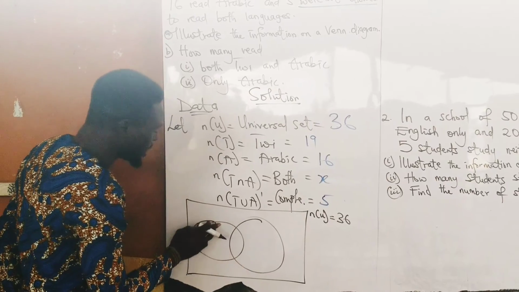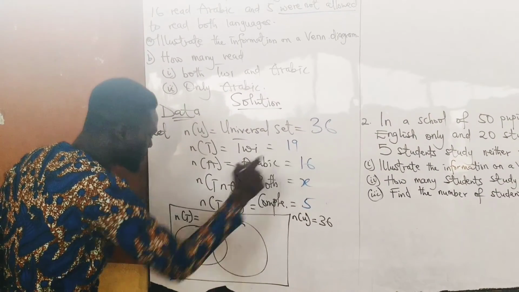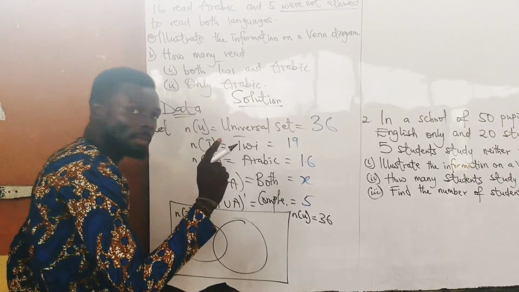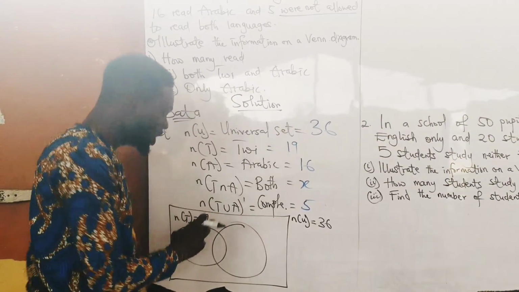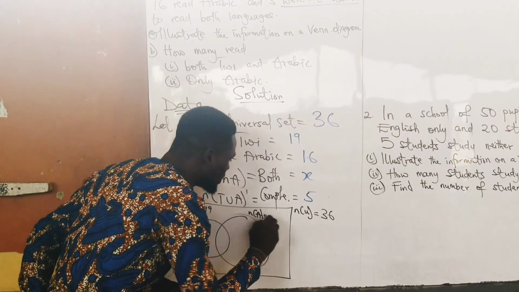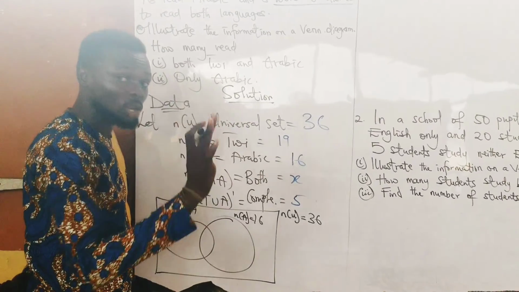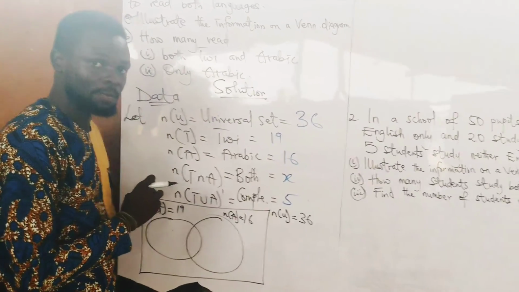Let the first circle take the number T, from here it is 19. Remember, because this is not only, you will record it up here. Then we have the number A, which is Arabic, as 16. Also, it is not only, so we record it here.